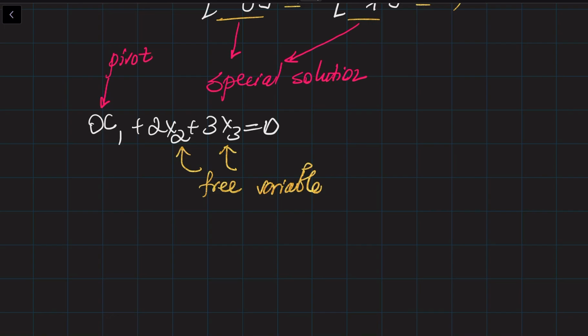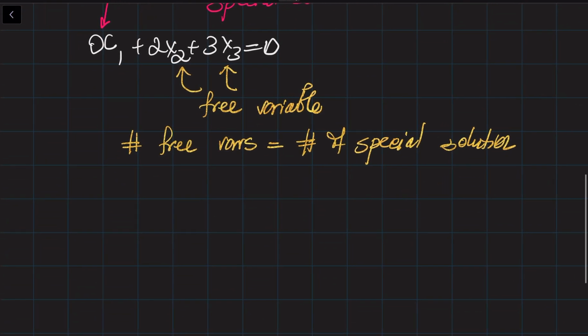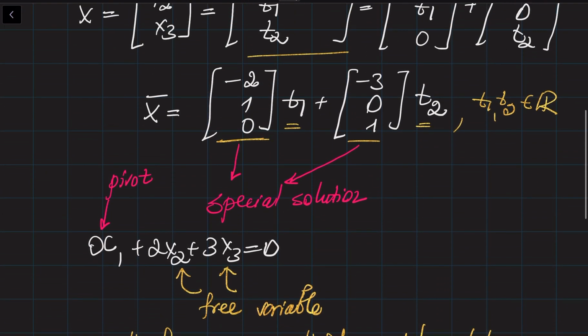Okay. And what we have to do now is, this is going to be the most important case. The number of the free variables is going to tell me the number of these special solutions. And how do I find the special solutions? You see, the special solutions are three-dimensional vectors, right?